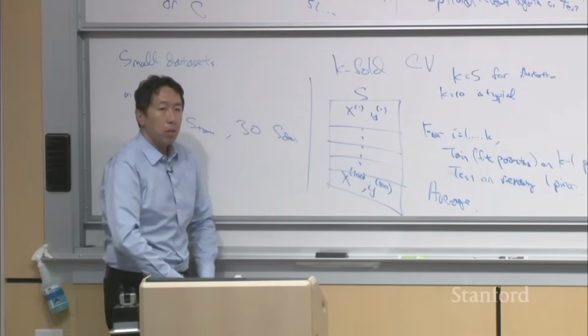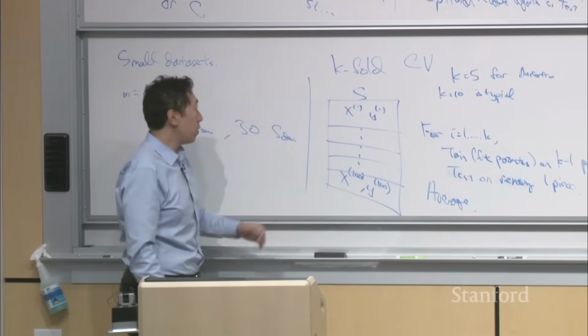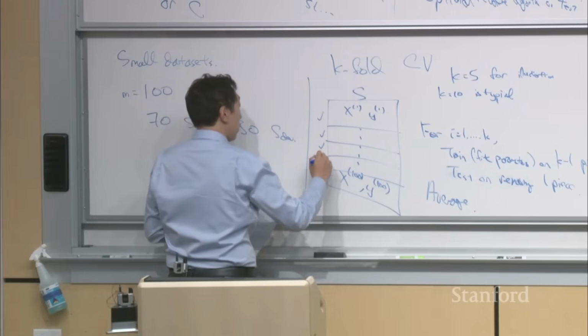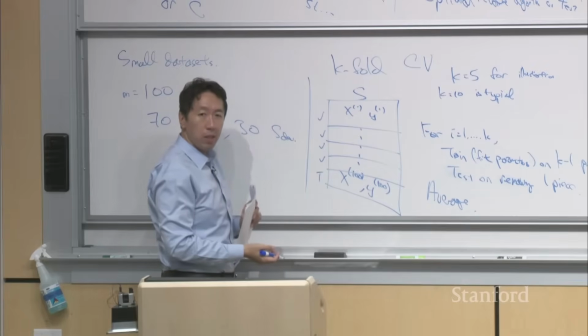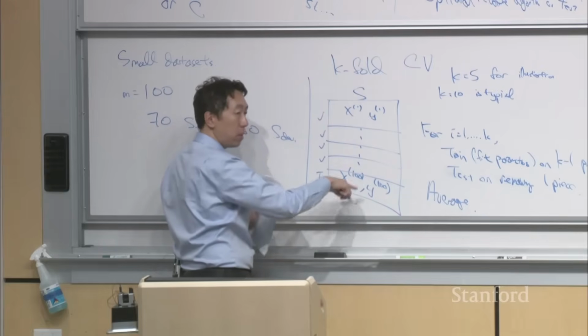So in other words, when k equals 5, we're going to loop through 5 times. In the first iteration, we're going to train on these and test on the last 1/5 of the data. So we'll hold out the last 1/5 of the data, train on the rest, and test on that.